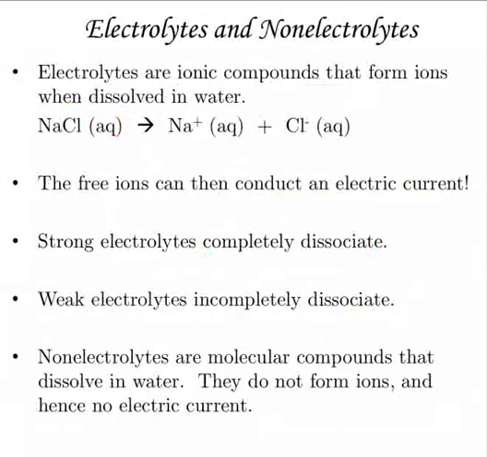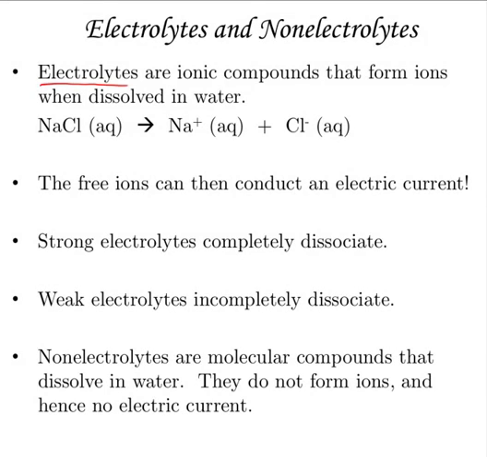class. Okay, so now we're going to talk about specific compounds when they dissolve in water, and they're called electrolytes and non-electrolytes. When you hear the word electrolytes, it obviously sounds like electricity or electron. And basically, electrolytes are going to be ionic compounds that form ions when dissolved in water. For example, we can take table salt, sodium chloride.